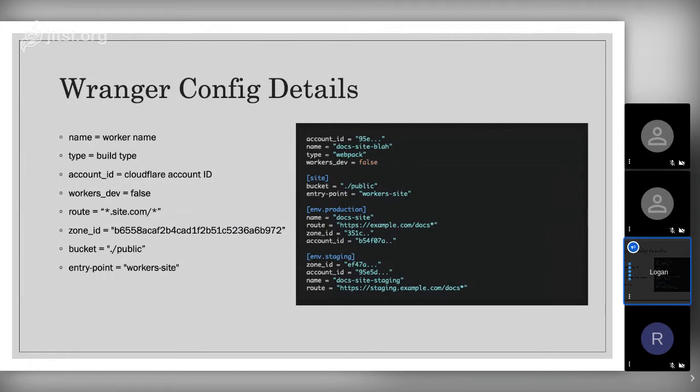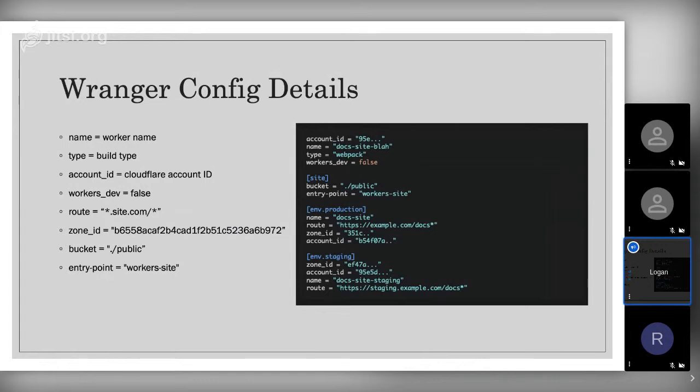This zone ID is just a fake one, but that's what it looks like. And below that, you'll see the optional environments. I've included it here in case you want to use that. If you aren't going to use the environments, you still need to add this site section.